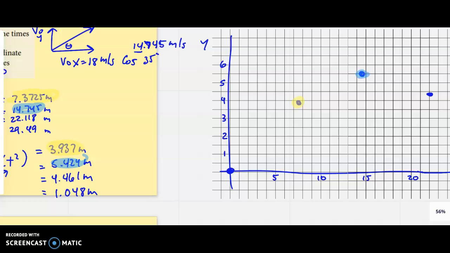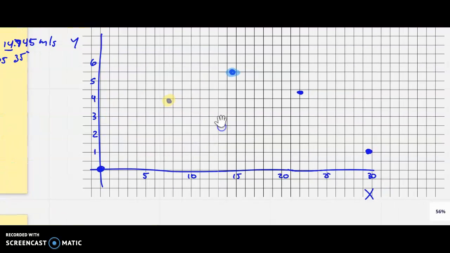I also put the origin on there too, since the ball was hit from the origin. Now what I was supposed to do is put a smooth curve through here, so I'll try to do that for you now. That doesn't look good. Try to draw the other way, smooth curve. Yeah, that's pretty good. And that kind of looks like the path that the ball would really take.